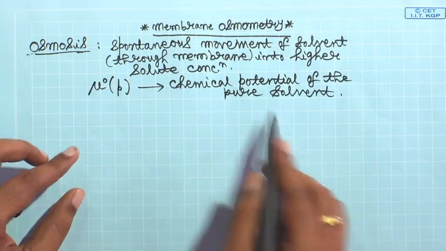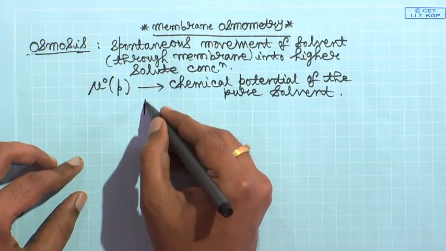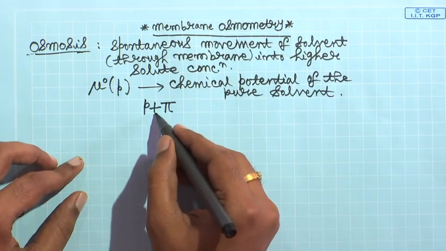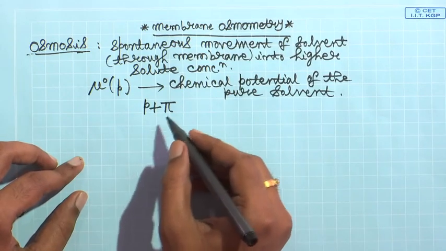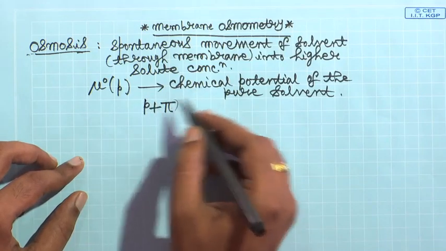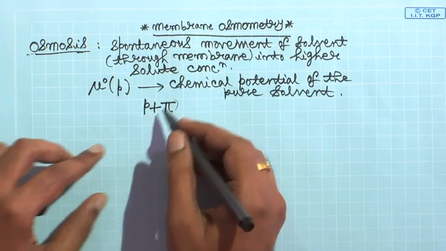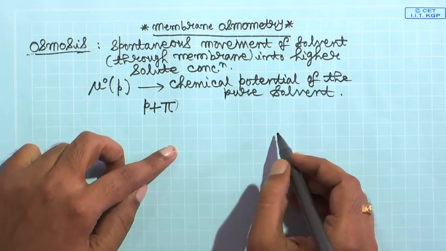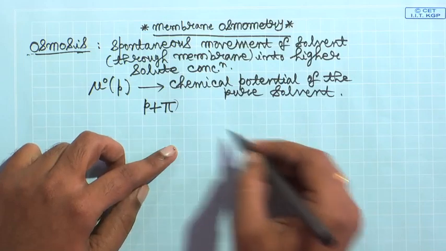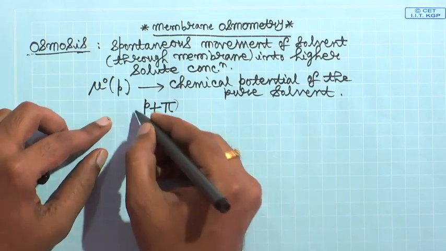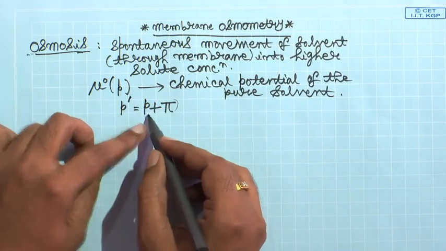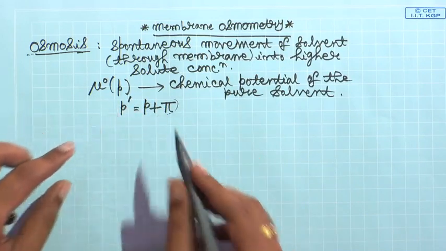Now, as I told, you have to apply a pressure on the solution side, let us say P plus pi. So, you have to apply this pressure pi in order to maintain the equality of the level of the liquid on the solution side and the solvent side. So, let us say on the solution side the pressure is P prime, which is equal to P plus pi, pi is the osmotic pressure of course.